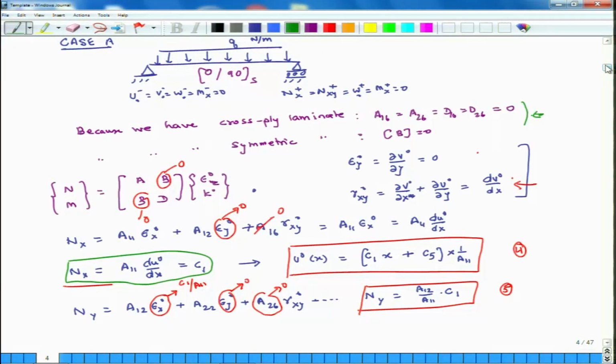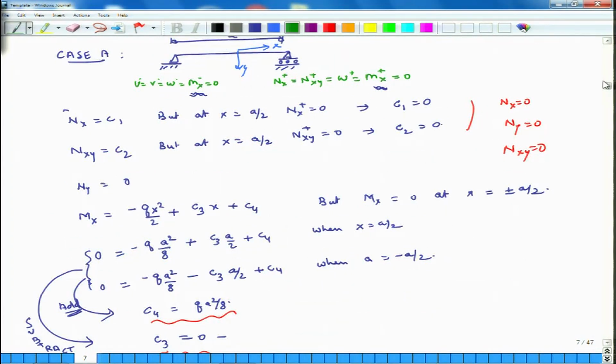Then we started implementing the boundary conditions, and the boundary condition for case A is that u, v, w and mx are 0 at x is equal to minus a over 2, and nx, nxy, w and mx are 0 at x is equal to plus a over 2.